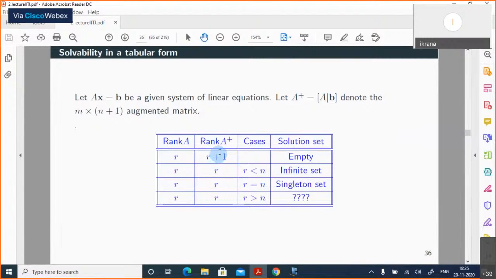If the rank of A plus is more than the rank of A, then there is an inconsistency, no solution. If the rank is strictly less than n, there are infinitely many solutions, and if the rank equals n, there is a unique solution. So this is the application of Gauss row echelon form to solving systems of linear equations. It gives you all possible solutions.